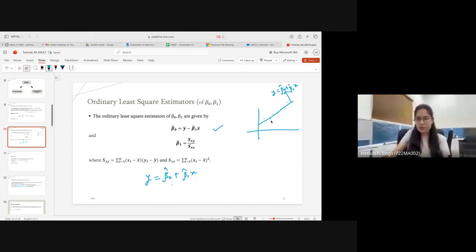So for example, this was our x. For this particular xi, we have this y on the line, but here this is the observation.